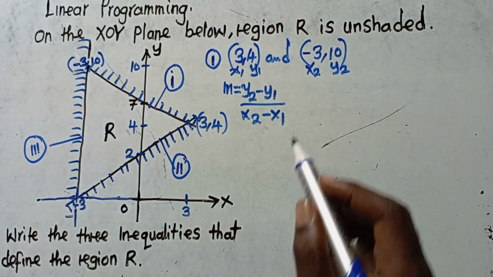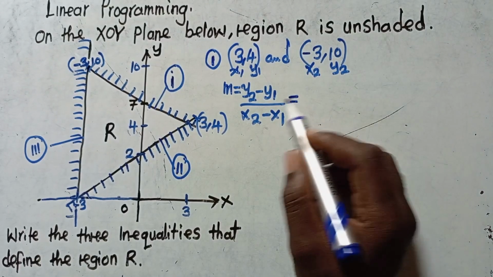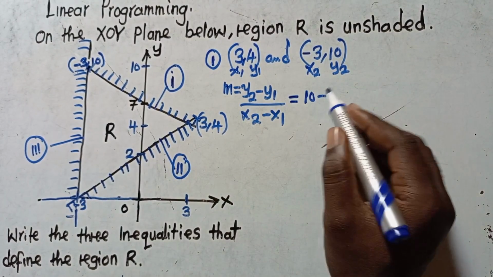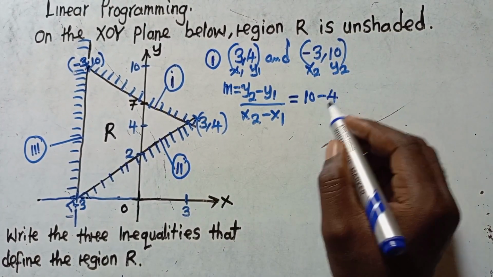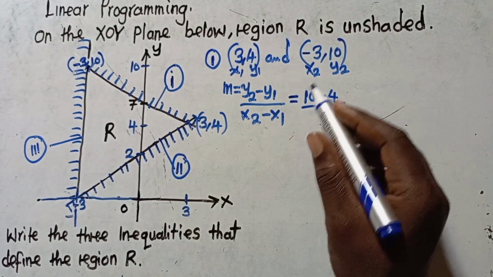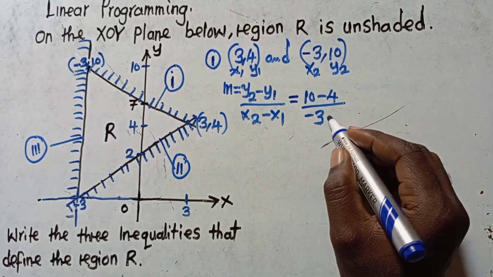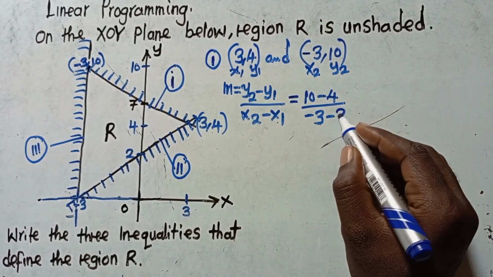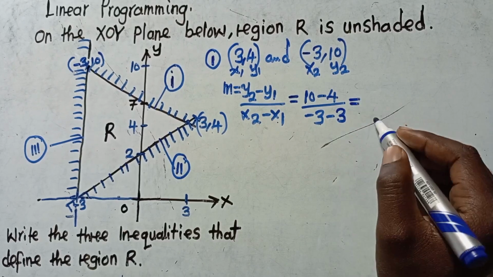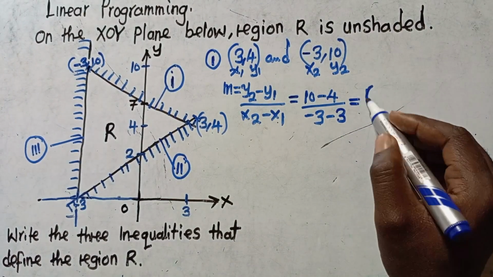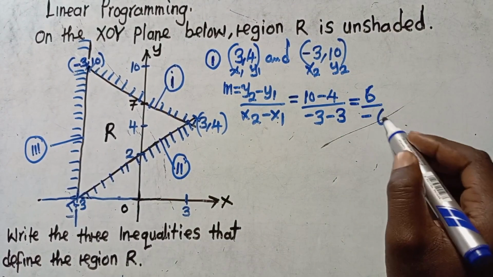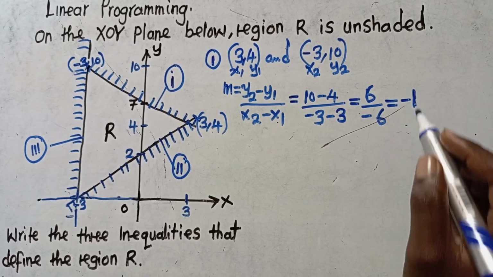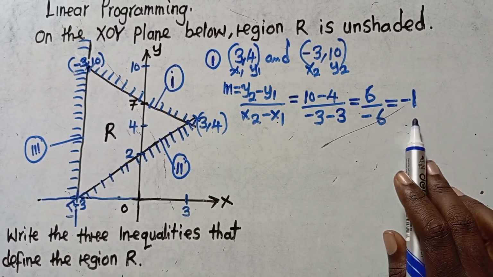I substitute now: y2 is 10 minus y1, that is 4, over x2 which is -3 minus x1, that is 3. The answer I'm getting here is 6 over -6. What is the gradient if I divide there? I'm going to get -1. So -1 is the gradient.